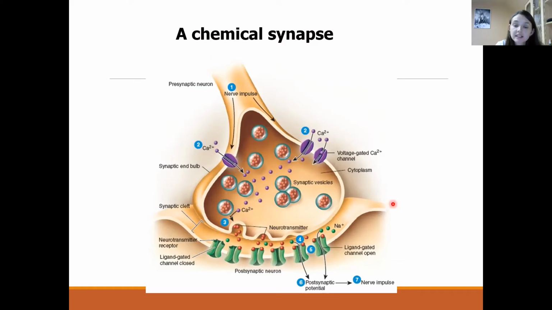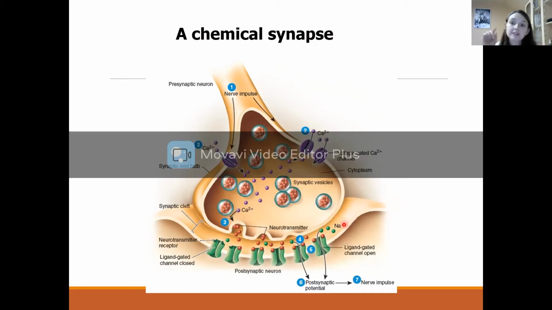You see here, the ion composition of the synaptic cleft is the same as the ion composition of the cell's environment.